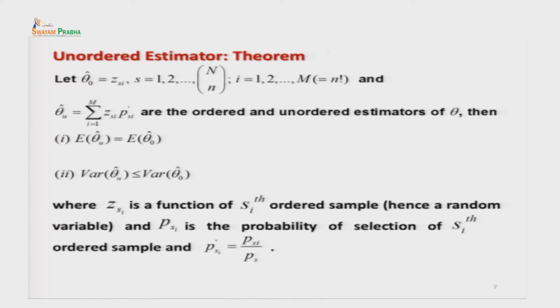Y bar will be equal to theta later on, but at this moment I am just trying to take a general result. So you can see what is happening: we have got different types of ordered samples. From each of the samples I can create an estimator under PPS or varying probability scheme without replacement.